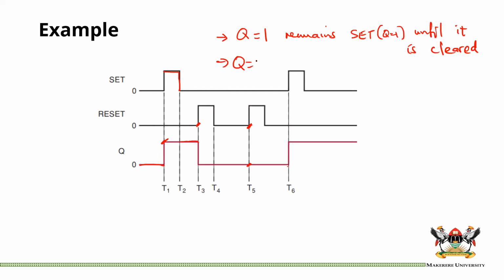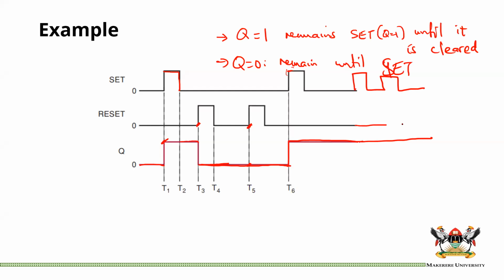And if you are in Q equals 0, you remain until set. So at this point, we just remain 0. I don't even need to worry about this. I just draw a 0 until I find a set command and I set. And I will remain set even if I have another set here and another set here, it doesn't matter, until at some point I'm cleared, in which case I go down there.